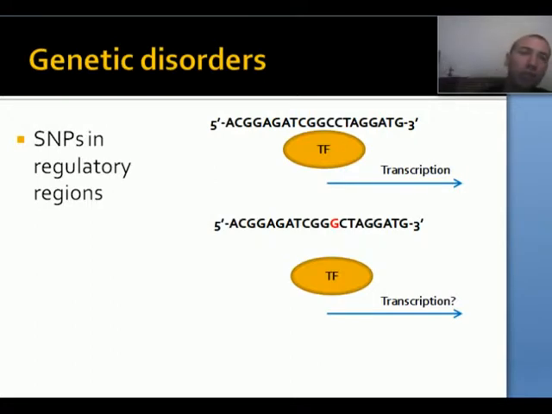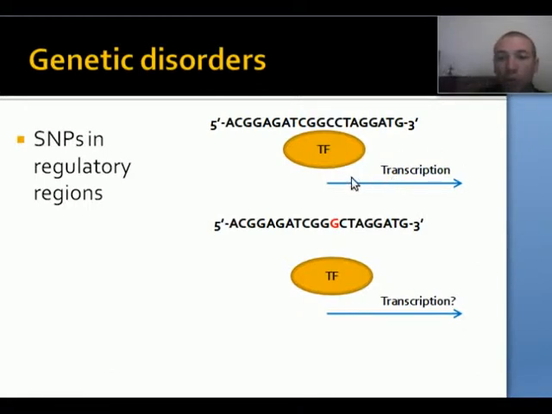What do you think could happen if the polymorphism, or SNP, single nucleotide polymorphism, is not within a gene region but in a regulatory region? For example, in the promoter. As you know, there are several proteins called transcription factors that recognize a certain DNA sequence, then interact with it, and this is like an activation of transcription of some gene.